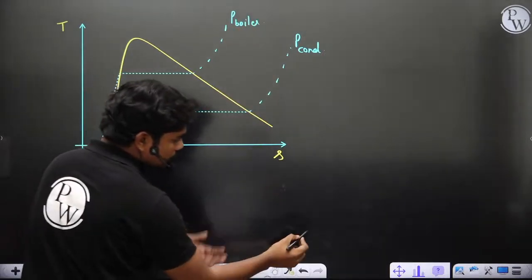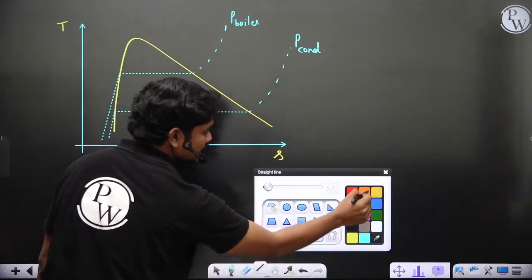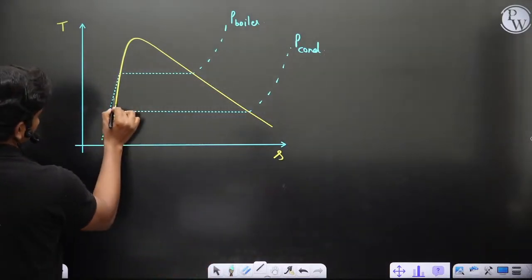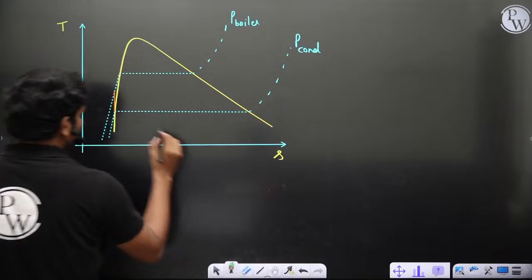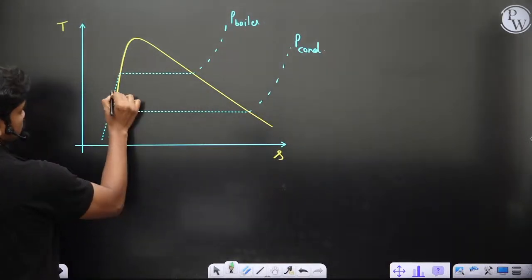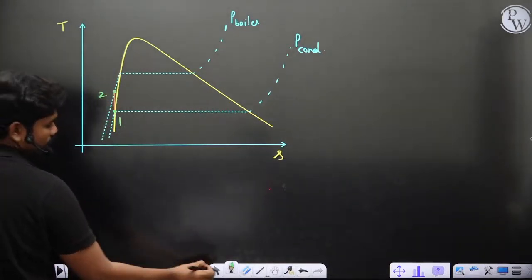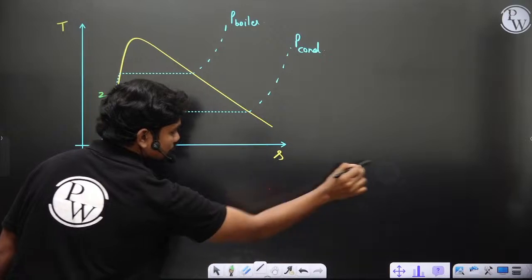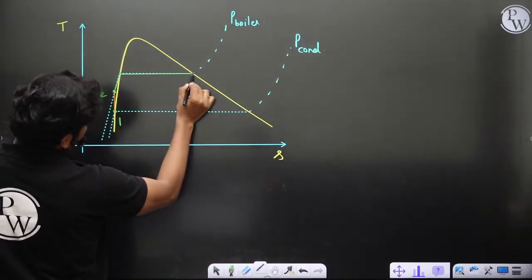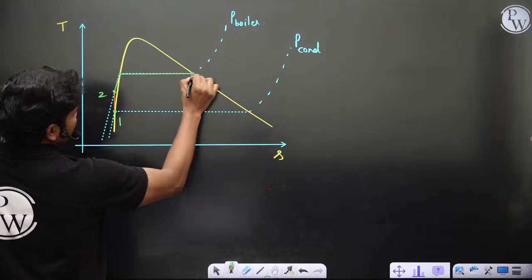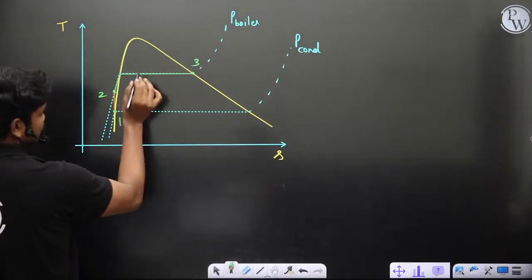And the ideal Rankine cycle that you have is 1 to 2, this process. Then you have 2 to 3, heat addition.